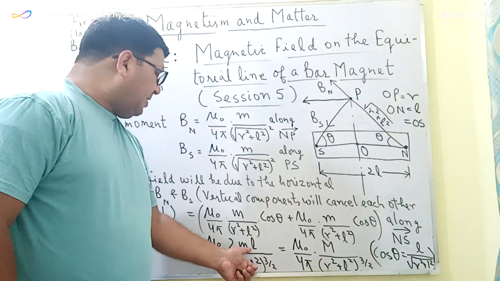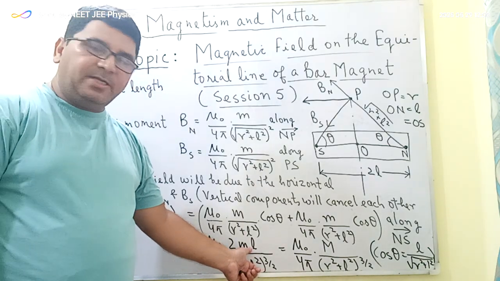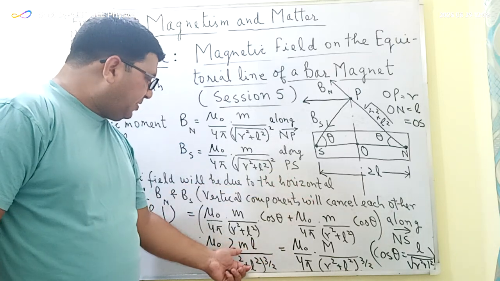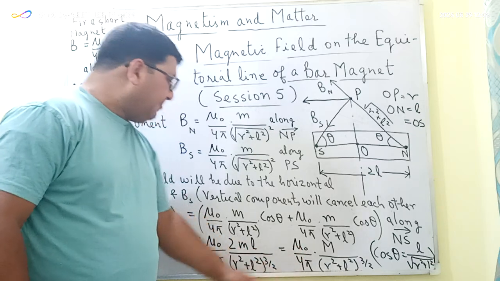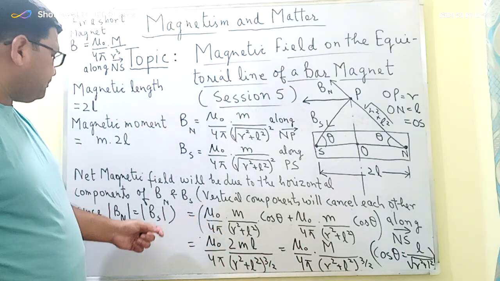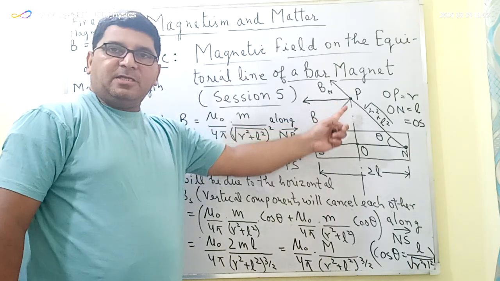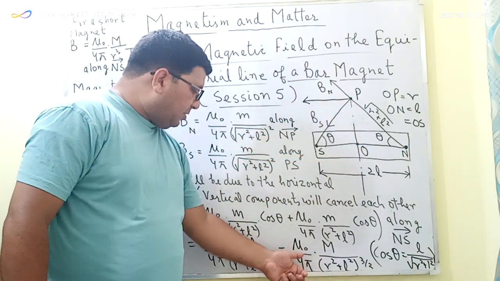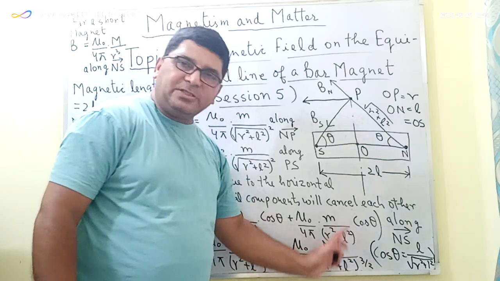Now 2ML is the magnetic moment of this bar magnet, and so I have substituted this 2ML by capital M. So finally I am getting the net magnetic field on the equatorial line of this bar magnet, which is equal to mu naught upon 4 pi into capital M divided by R square plus L square to the power 3 by 2.